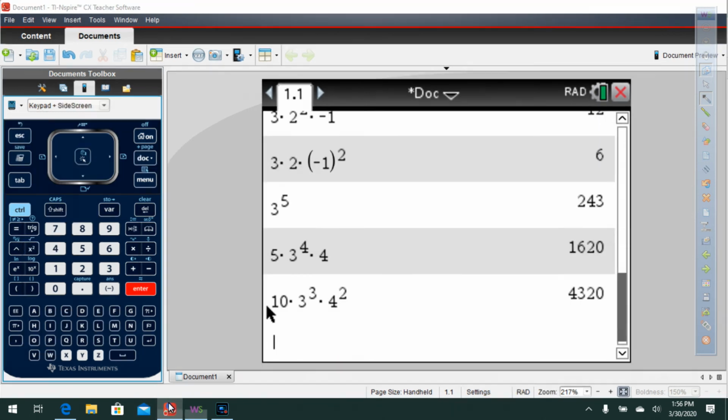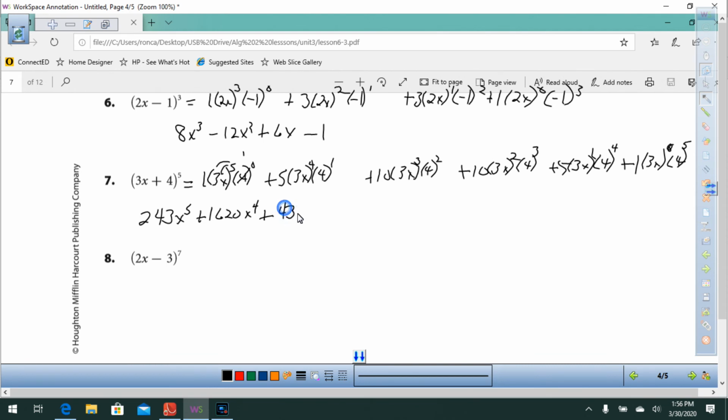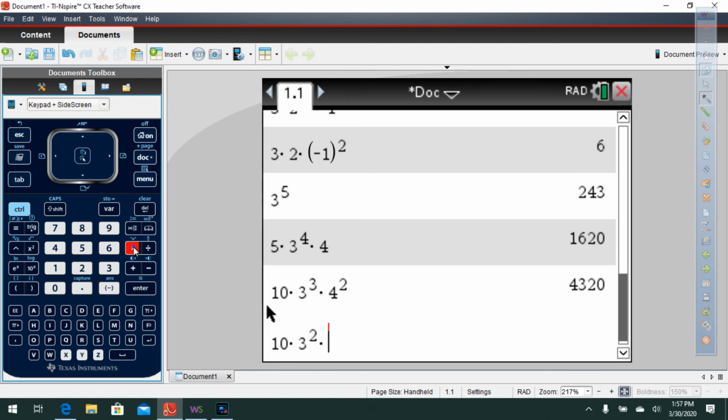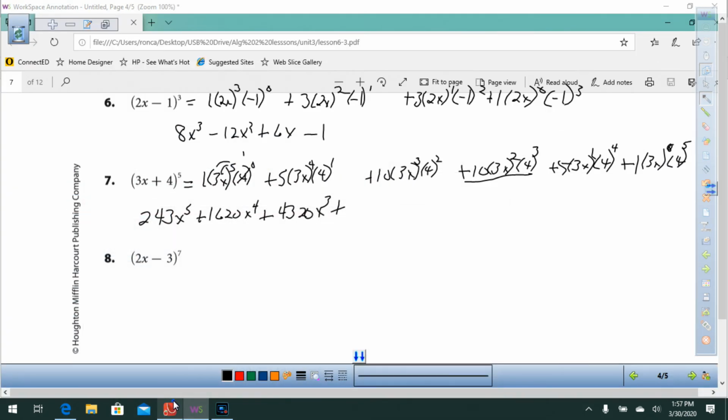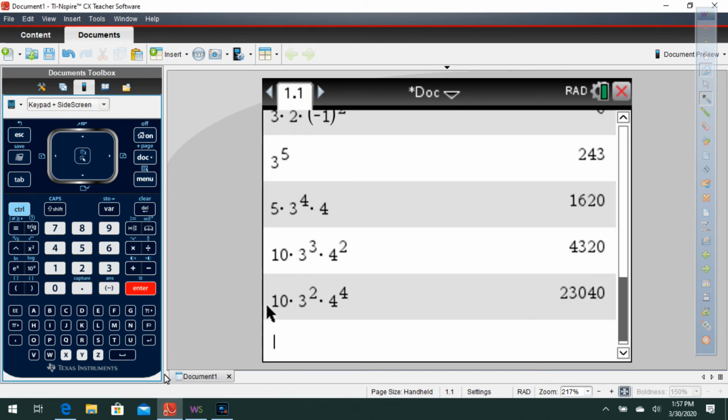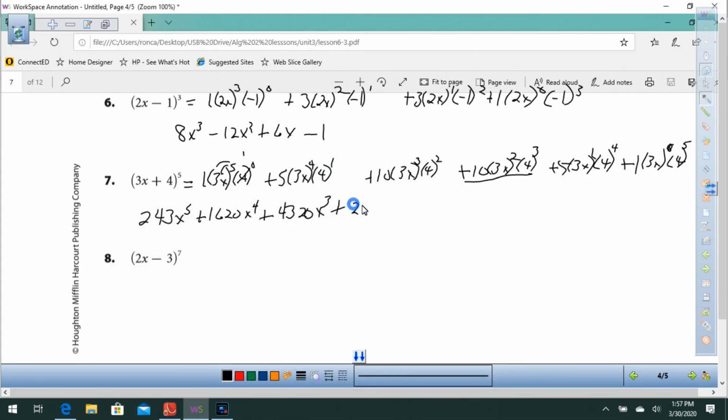That's 4320. 4320 x to the third plus, I'll do that so I know which one I'm at. 10 times 3 squared times 4 to the fourth. 23,040. 23,040 x squared plus, now let's do this one here.